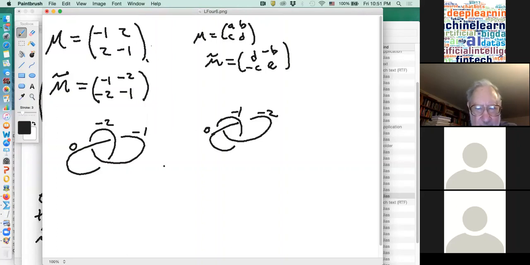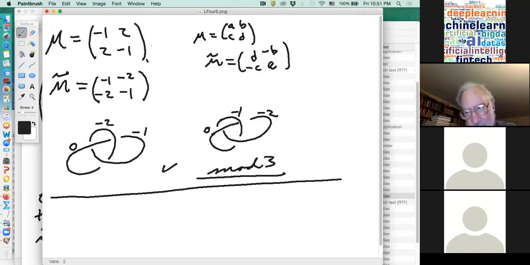And of course, that's correct, mod 3. Not so interesting, much more interesting if you did a larger example. So I'm suggesting you try it out on a larger example, and I will, and we can compare notes on what it's like to calculate these things.